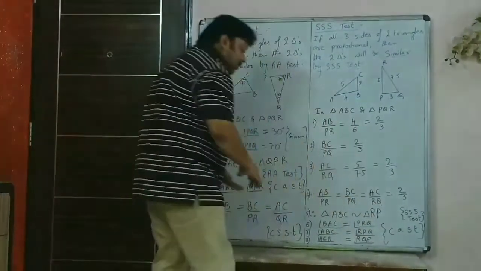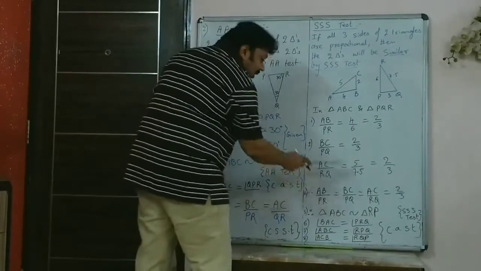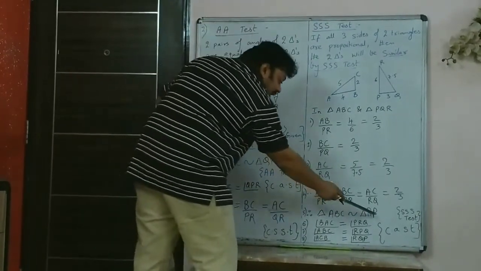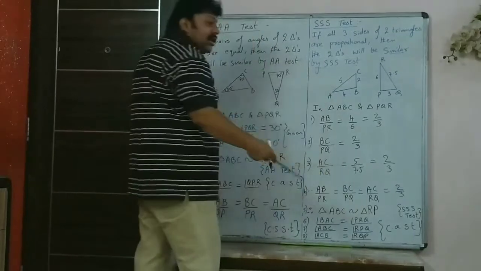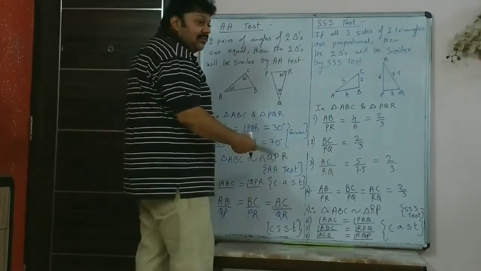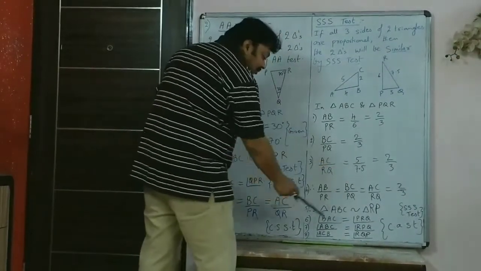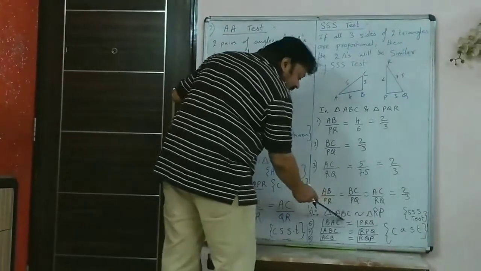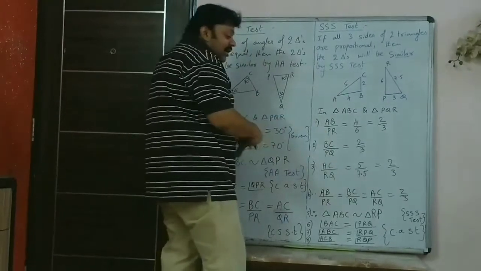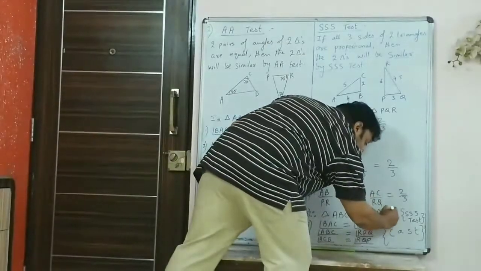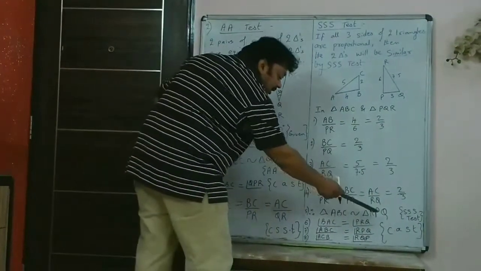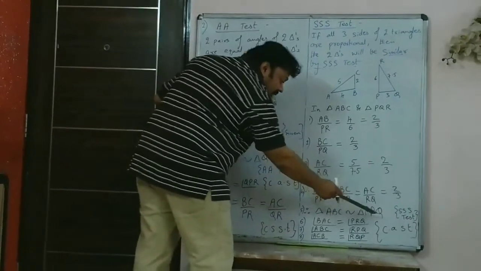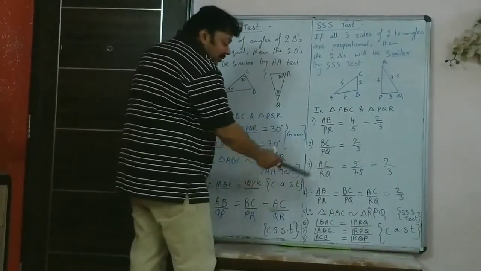And now I will check. AB with PR, PR and RP is the same side, so you can write PR as RP. BC with PQ, BC is second and third, so if I write Q as the third alphabet there, then BC, 2 3, upon PQ, 2 3.